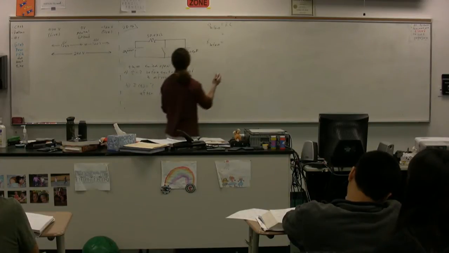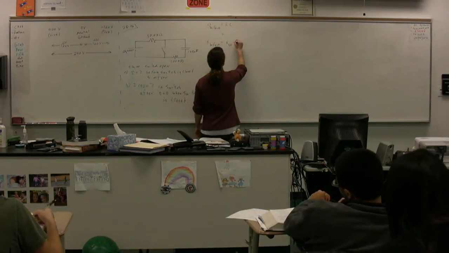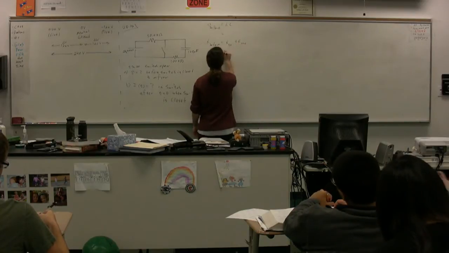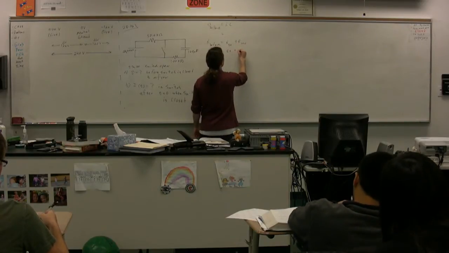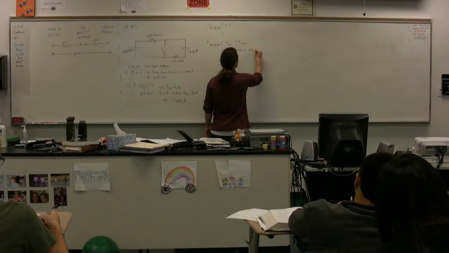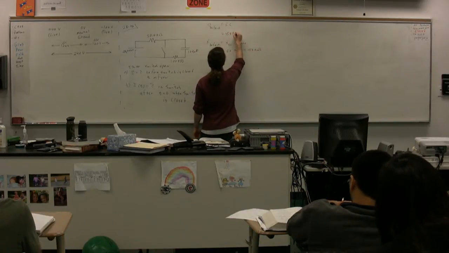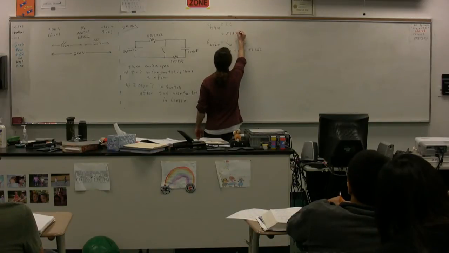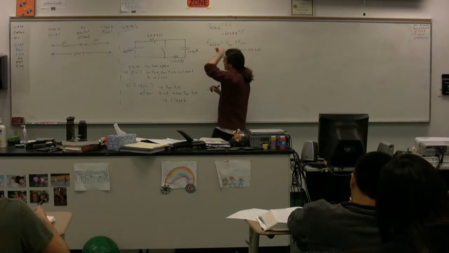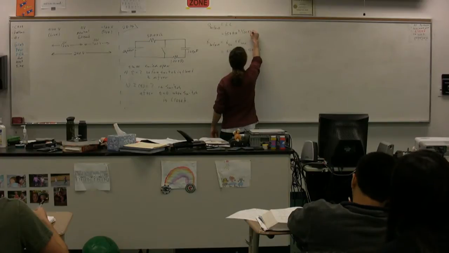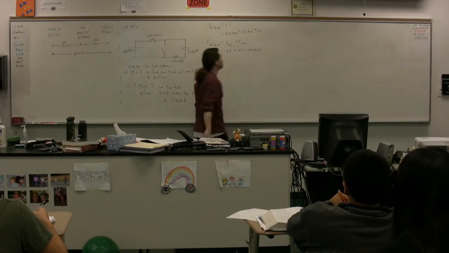We have the 50 kilo ohm and the 100 kilo ohm in series. So 50 plus 100, or 150 kilo ohms. So we have 150 times 10 to the third multiplied by the capacitance, which is 10 times 10 to the negative 6.